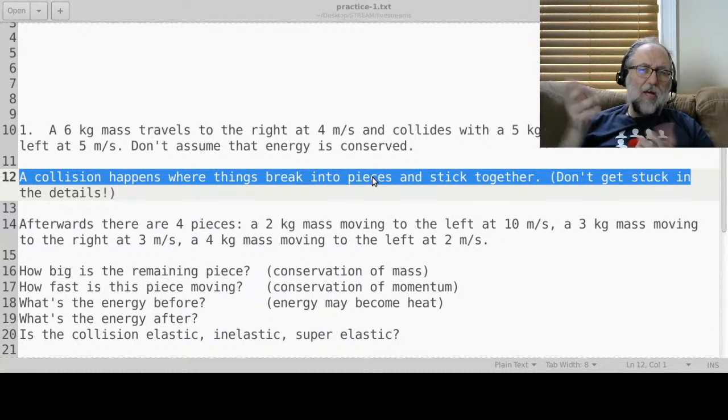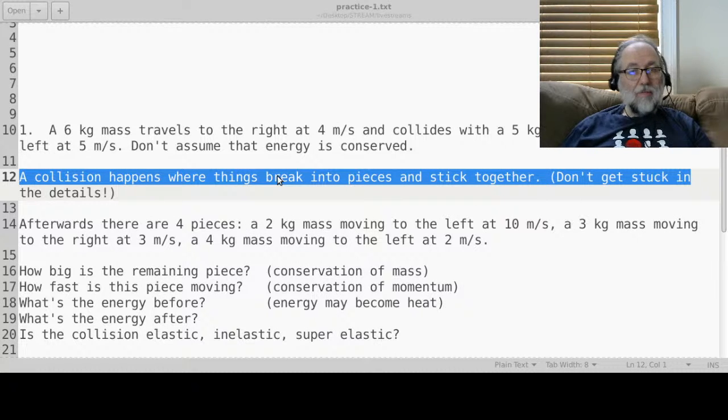I even tell you it's an ignorable fact: a 1 kilogram piece breaks off from this one and attaches to that one. You don't have to worry about those details, because this is the whole point of a conservation law. In a conservation law, the intermediate details are unimportant, even things like whether the masses break apart and reconfigure themselves.